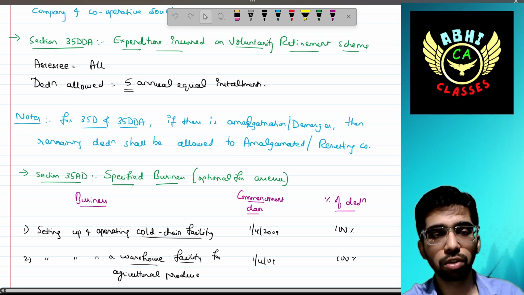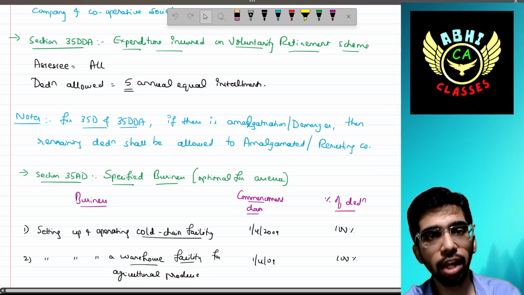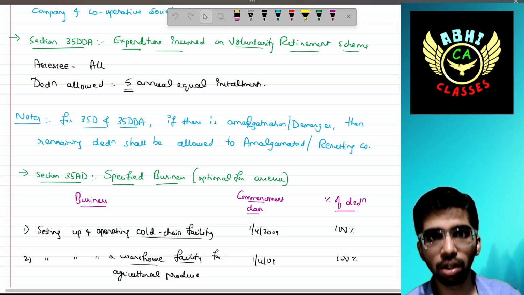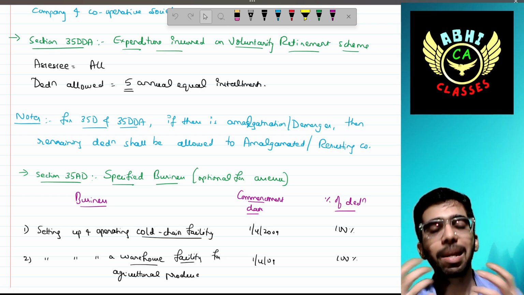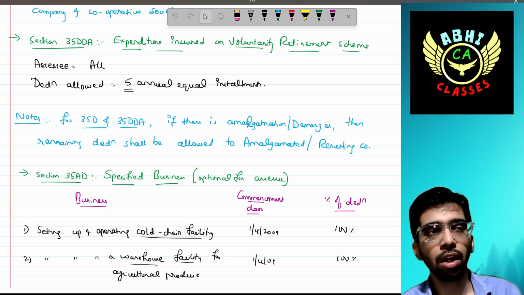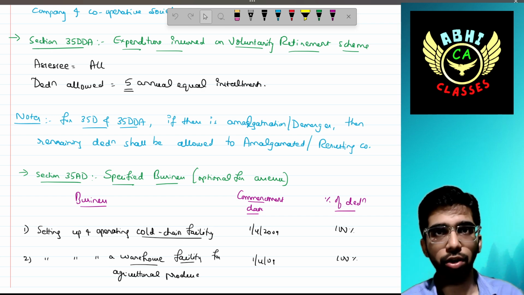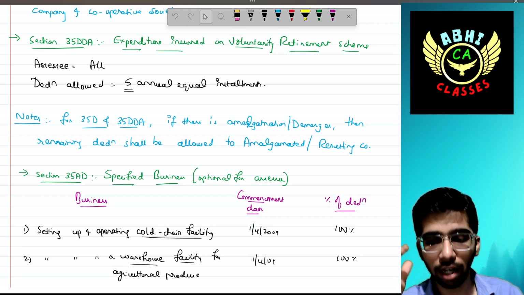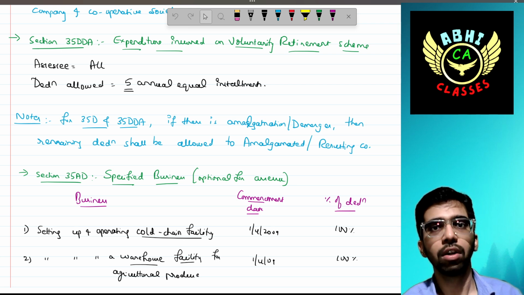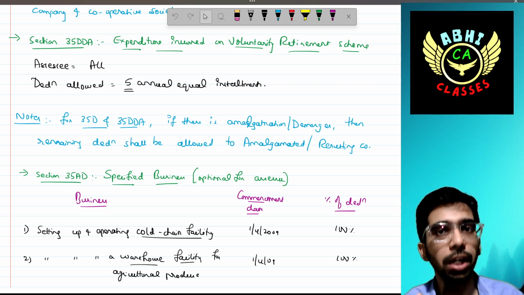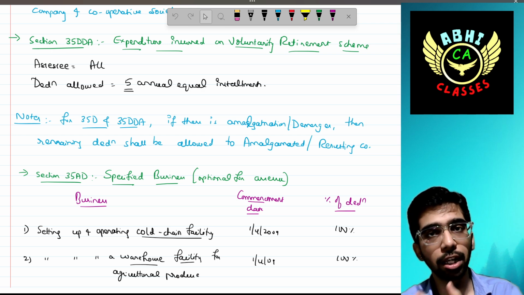Okay, next, notes for section 35D and 35DDA. If there is any amalgamation or demerger, then the remaining deductions are transferred. Let's say for example, in our example, 50,000, 10,000 each in 5 years. At the end of the second year, the company is amalgamated into a new company.